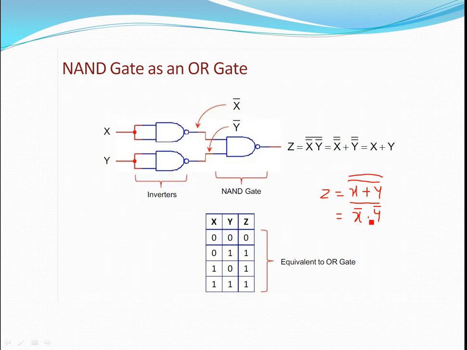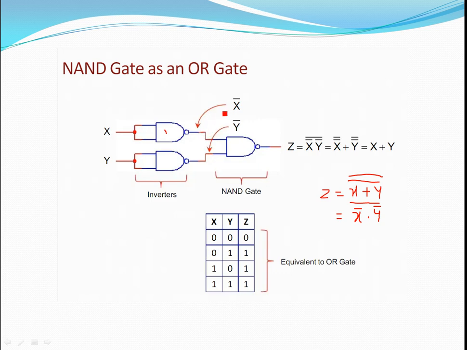So now by using this expression, because now the expression is in the NAND form only, we can easily design it by using NAND gates. So here X bar dot Y bar whole bar. First we'll get the X bar by using a NAND gate. You can see here the first NAND gate, short both the inputs, and this is the X input.